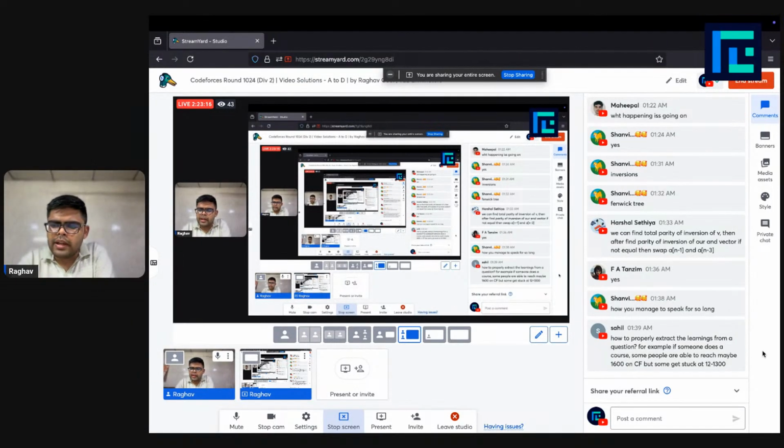So how to properly extract the learning from a question? For example, if someone does a course, some people are able to reach maybe 1600 CF, but some get stuck at 1200, 1300. To be honest, in my opinion, when you solve a problem, to get the maximum benefit from it, one thing that you can do is right after solving the problem, or maybe after a day or 2 days or a week, as you feel convenient, come back to the same problem again and try to solve it again.